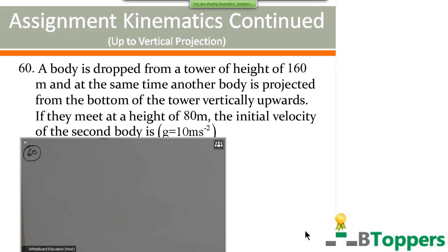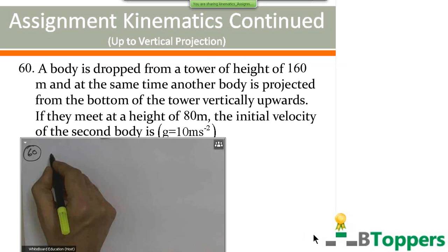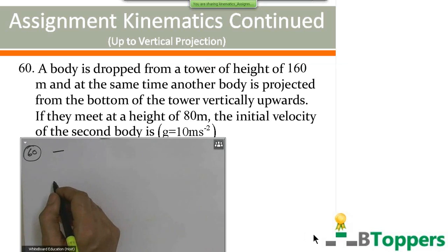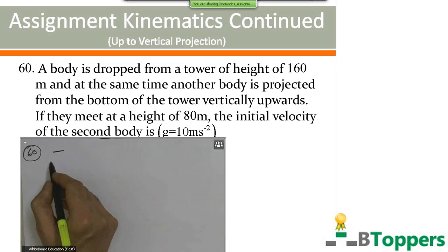A body is dropped from a tower of height 160 meters. And at the same time, another body is projected from the bottom of the tower vertically upwards. They meet at a height of 80 meters. Find the initial velocity of the second body. This problem is similar to question number 58 I have discussed before.